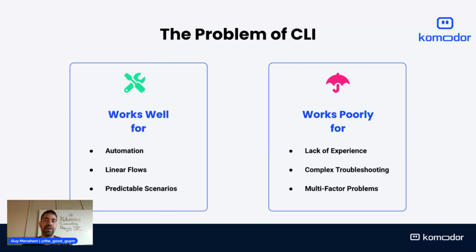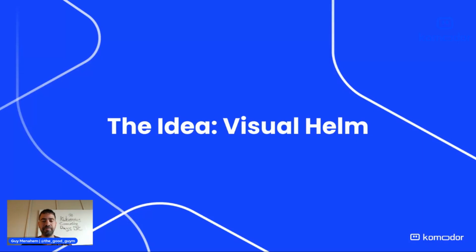And as I said before, it's really complex to troubleshoot, and you need to understand where problems are starting, and obviously there are multiple factors that problems can start in. So it's kind of complex. And this is where the CLI actually falls short.